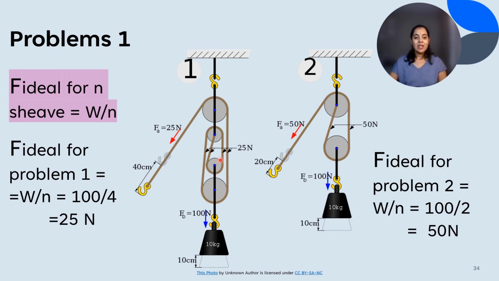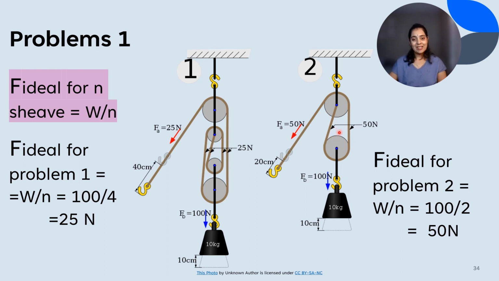So it will be W by N. So it will be 100, this 10 kg converted to Newton, 100 Newton divided by 4. It will be 25 Newton. Now similarly, for this problem, it will be W by N.